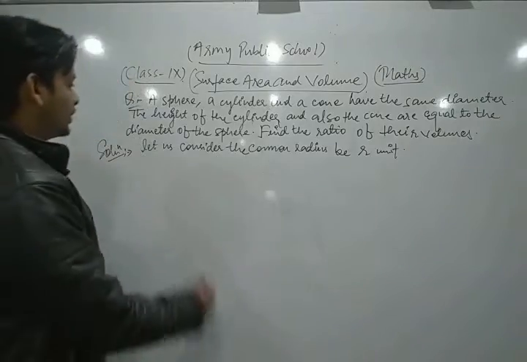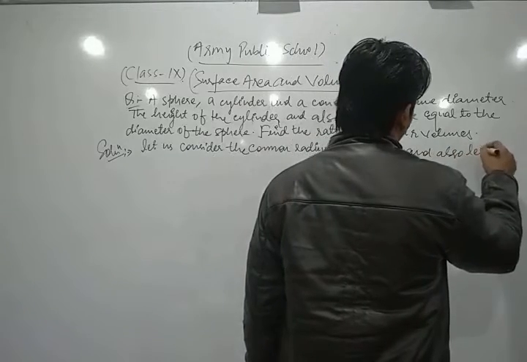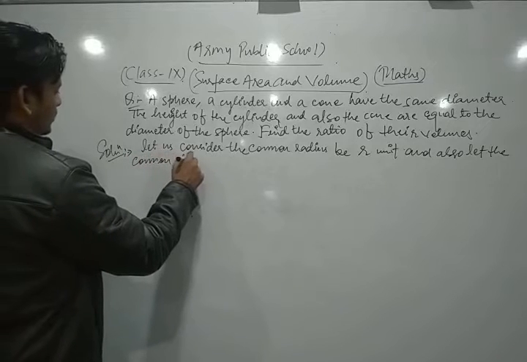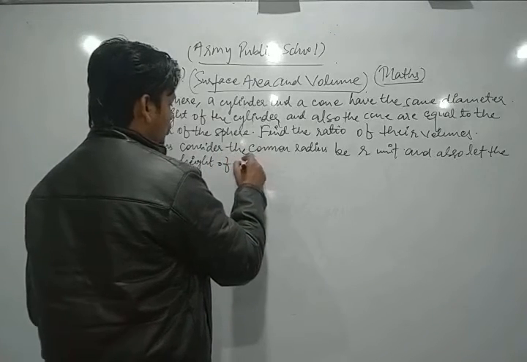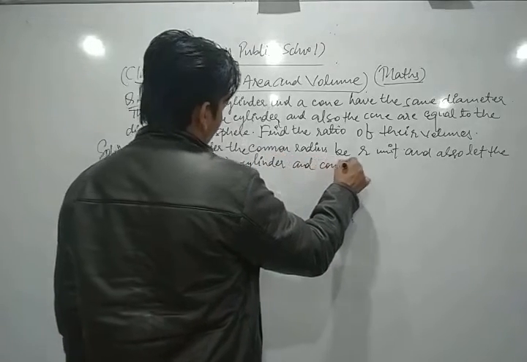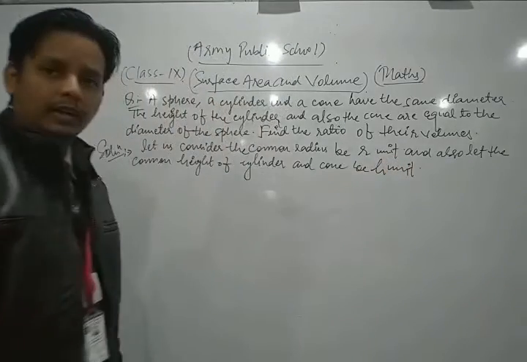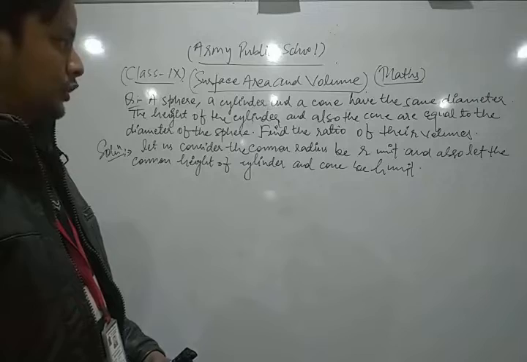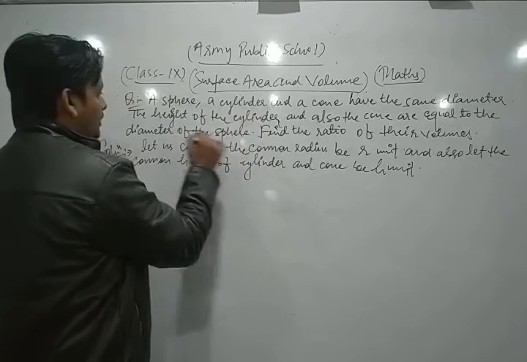Let us take the common height of the cylinder and cone to be h unit, and this is equal to the diameter of the sphere.